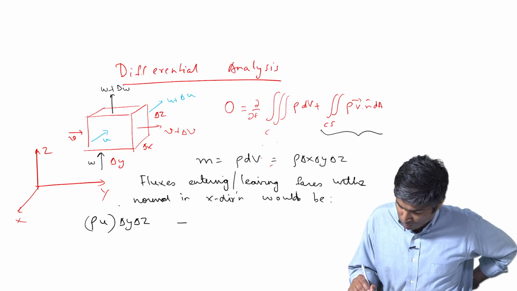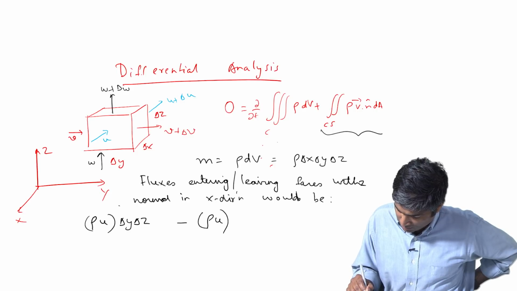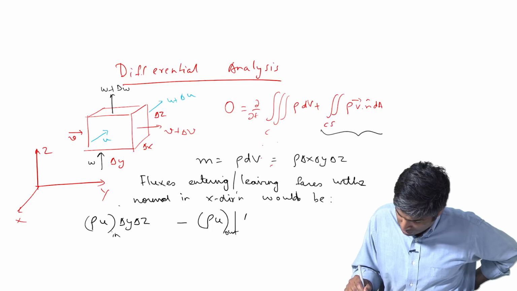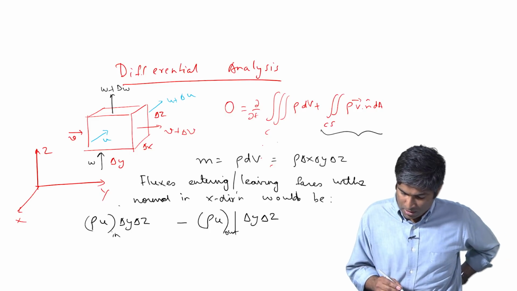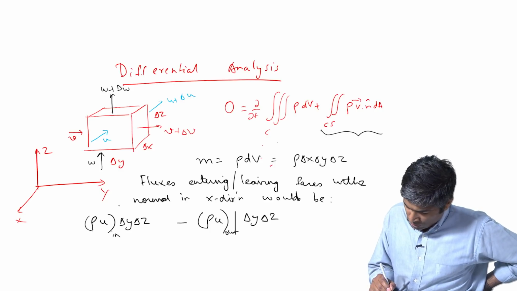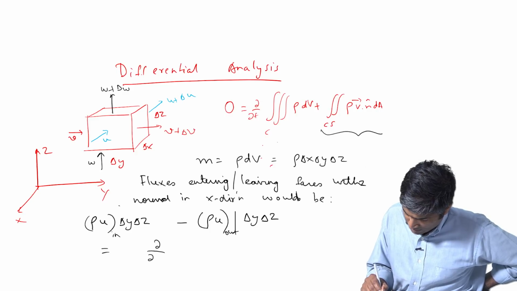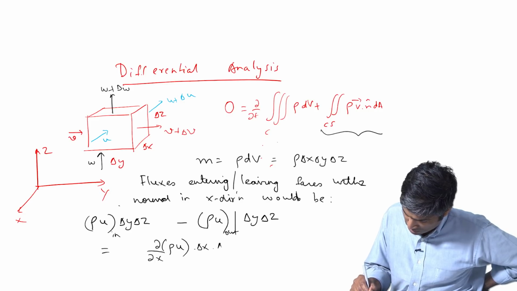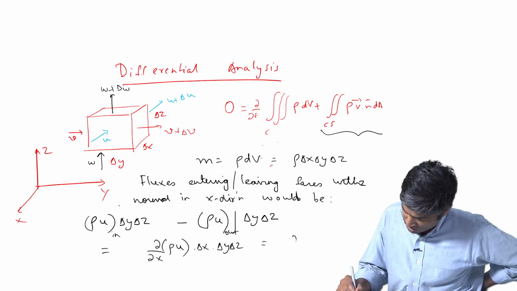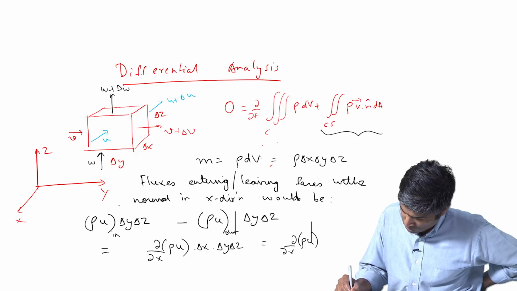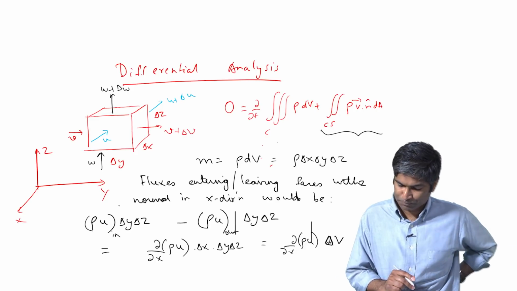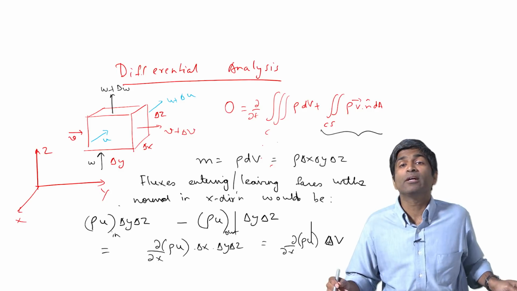So the flux leaving would be rho u at the other phase, so this is in and that's out, times delta y delta z, and I'm going to say that this could be written as del by del x of rho u times delta x, delta y, delta z. So that's del by del x of rho u times delta V. That's the net flux entering in the x direction.